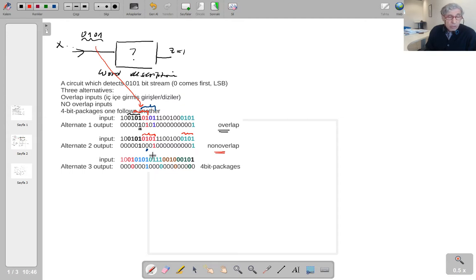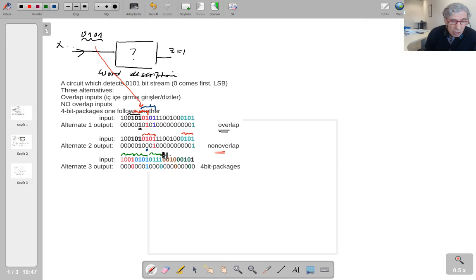The third one is this. My sequence has got 4 bits. So starting from the first time, I'm going to divide all my bits in 4 groups. So let me do it in, let's say, green here. So I am dividing my input into 4-bit packets. So you see different colors.